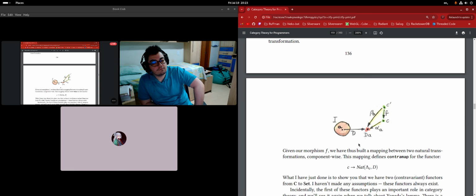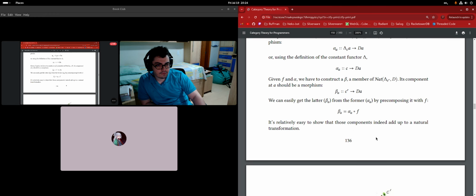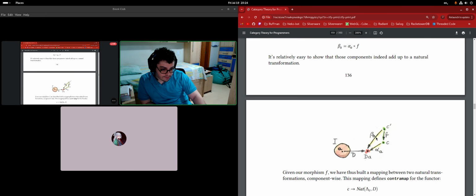Okay, wait. So then this F is not a functor as well. Where is the other functor to make beta and alpha here? Oh, it's the constant one, also coming from I to this one then. Yes. Why that's not written here, I have no clue.